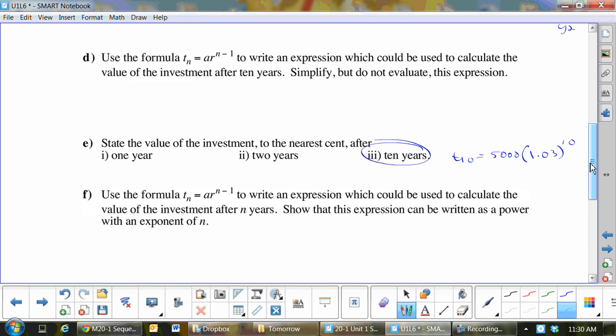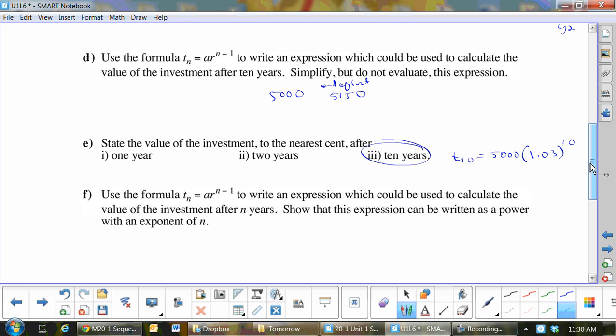And I know a lot of people are going, well, but we learned this formula, n minus 1. Well, see, we had 5,000, and at the end of the first year, this would be 5150.